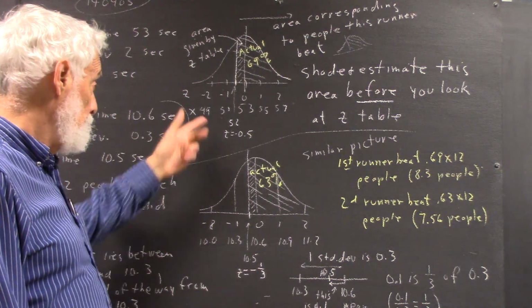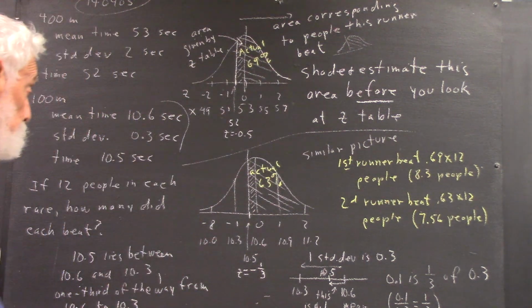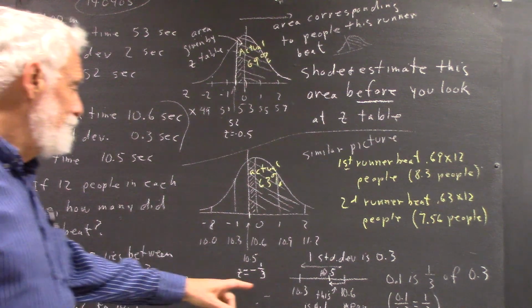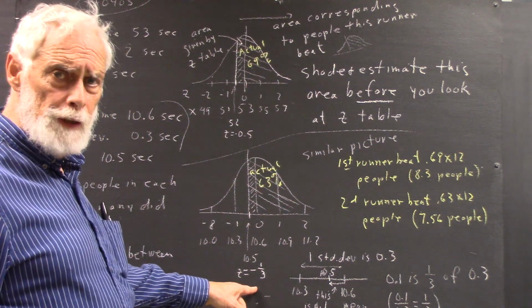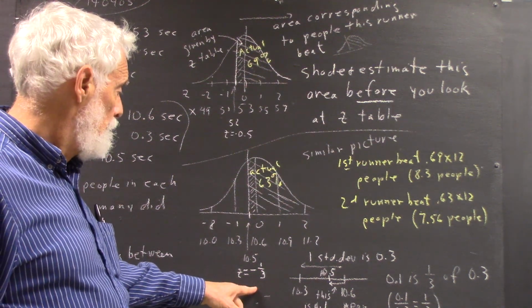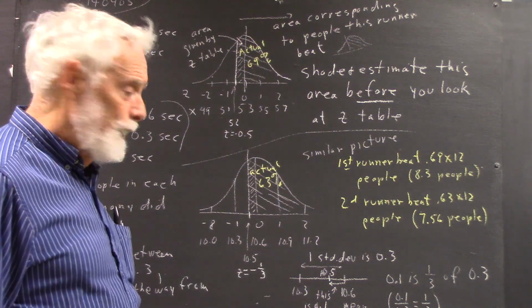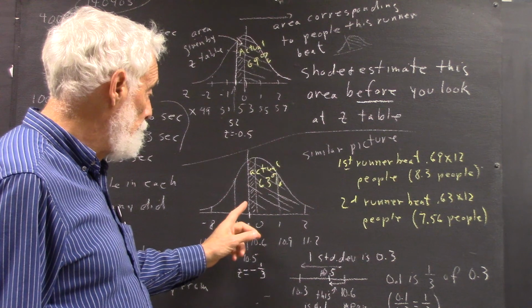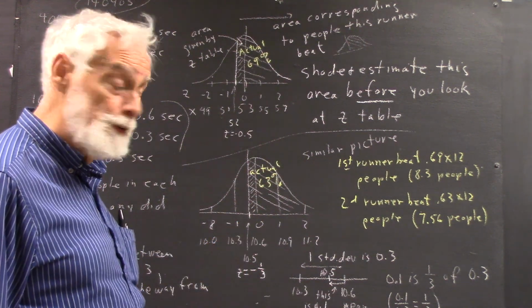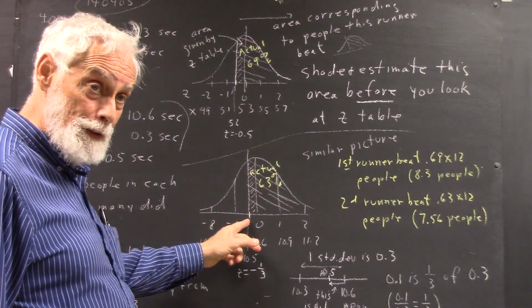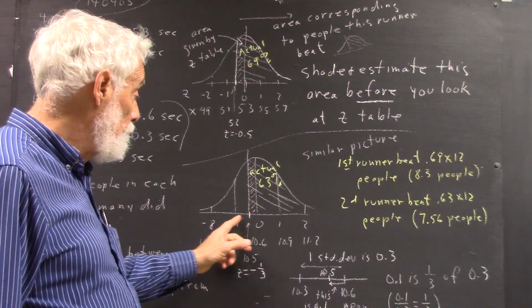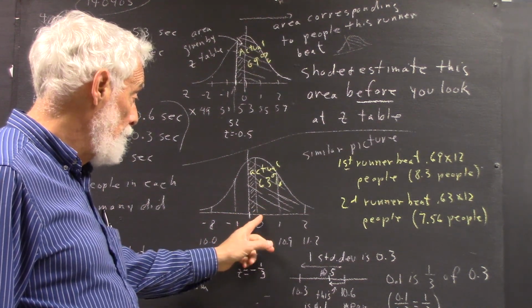Okay, well, anyhow, here we got it. And we can pretty easily conclude that z has to be -1/3. Because, of course, between 10.3 and 10.6, you got 10.3, 10.4, 10.5, 10.6. This is on 10.5. That's 2/3 of the way from here to here, and 1/3 of the way from here to here.